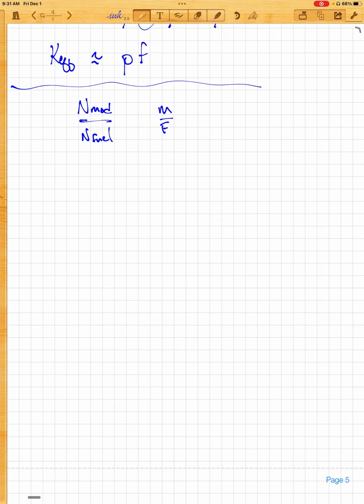Okay. Moderator to fuel. First you got to remember this graph right here. This is going to be density, and density is pounds of mass per cubic foot. And then temperature, you might recall, is degrees Fahrenheit.